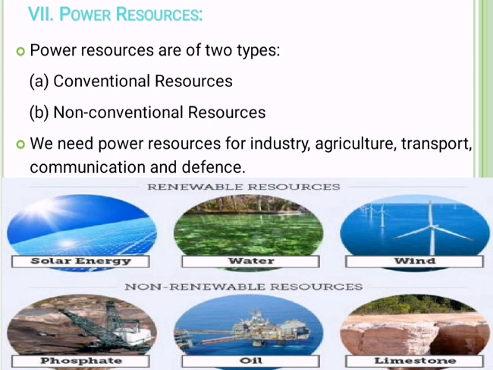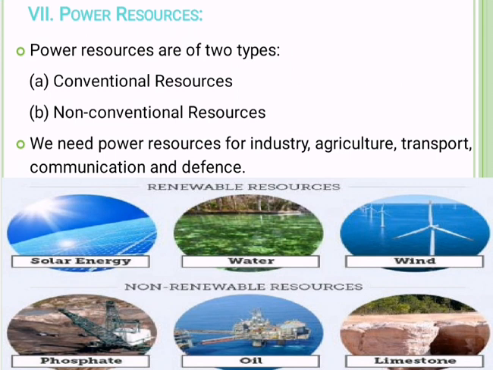The next point is power resources. Power resources are of two types. First one is conventional resources and second one is non-conventional resources. We need power resources for industry, agriculture, transport, communication and defense.